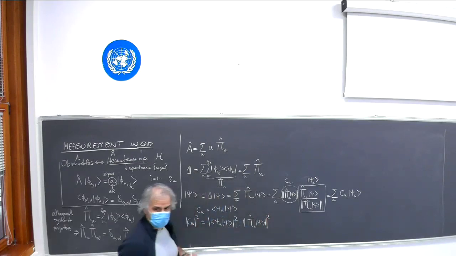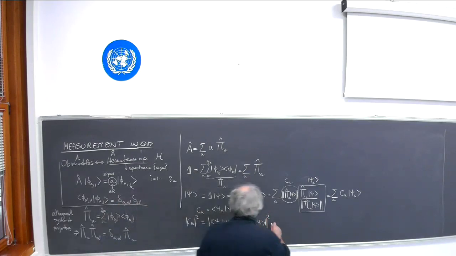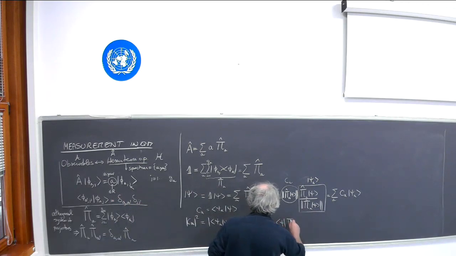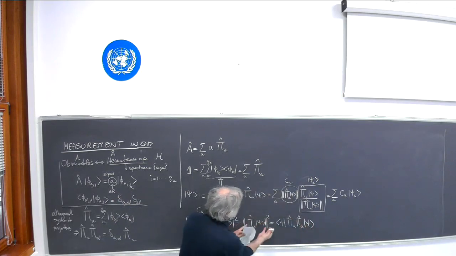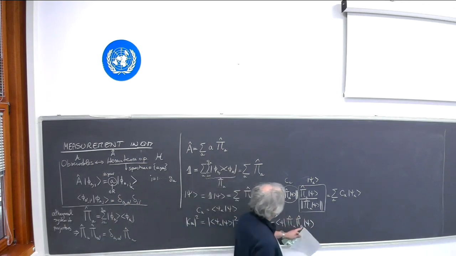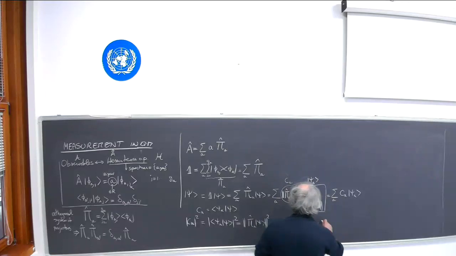Is it clear? But this is equal to psi pi A psi, right? I just write the vector times this bra, okay? That's it. But pi squared is equal to pi. So this is also equal to psi pi A psi.